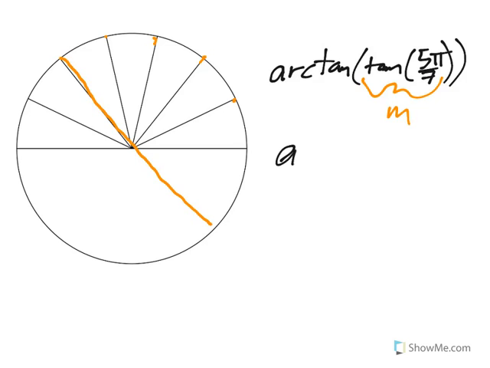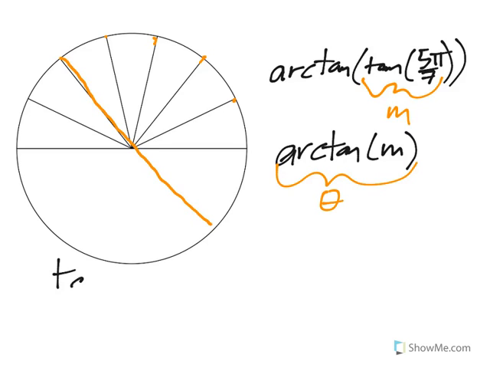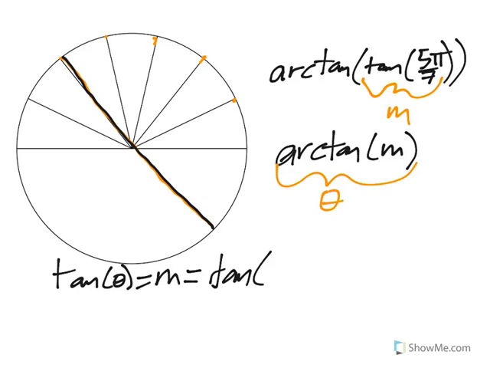And so we're looking for the arctangent of that number, which is some angle theta. And 2 properties about theta. Property 1 is that tangent of theta is this thing that we called m, which happens to be the slope of this line. It's the tangent of 5π/7.